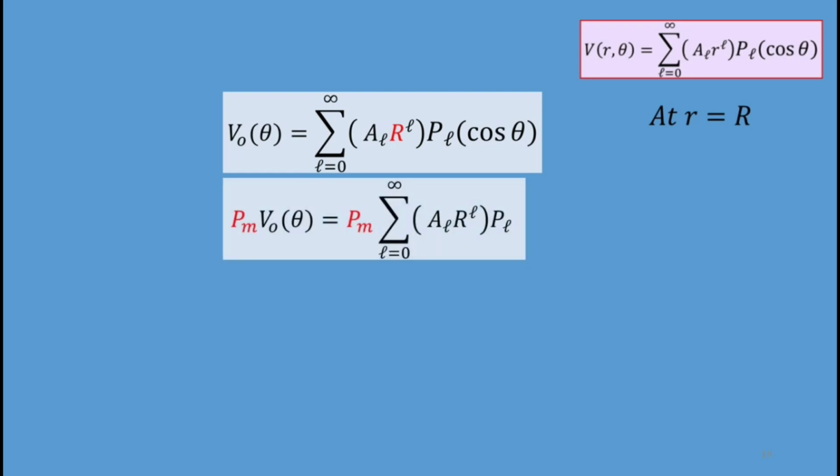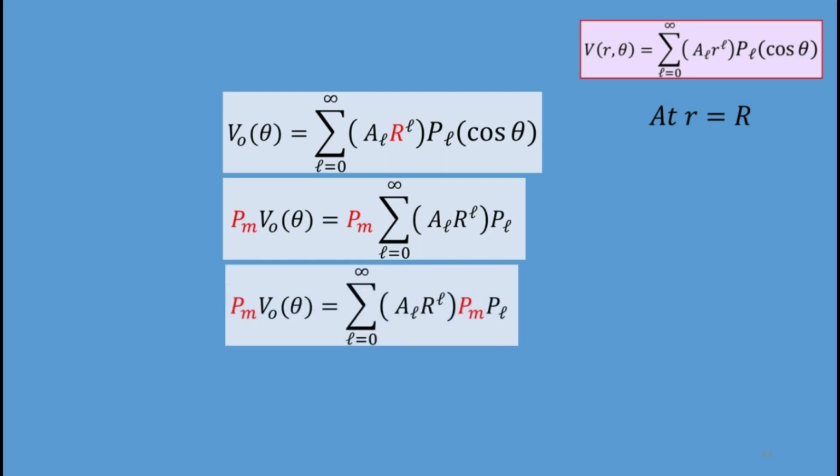Now multiply Pm on both sides. Why are we multiplying Pm on both sides? Because we have to use the orthogonality condition. So Pm multiplied by V0 of theta equals Pm times the sum of Al R to the power l Pl, just multiplying Pm within the summation.